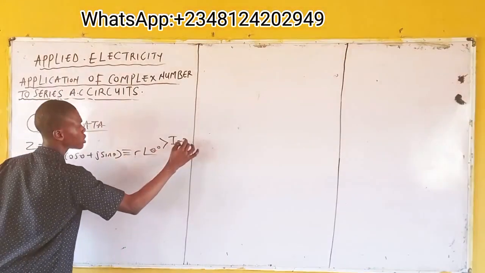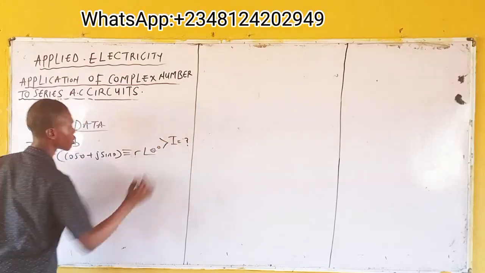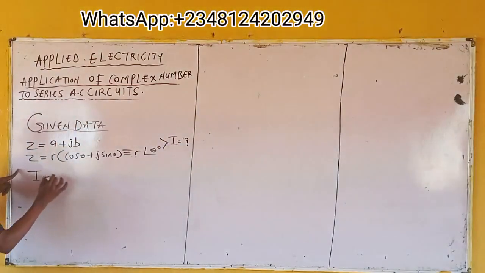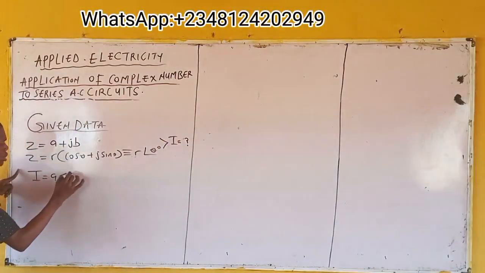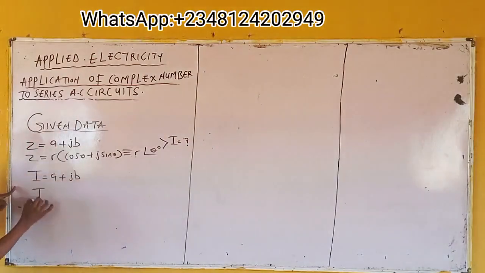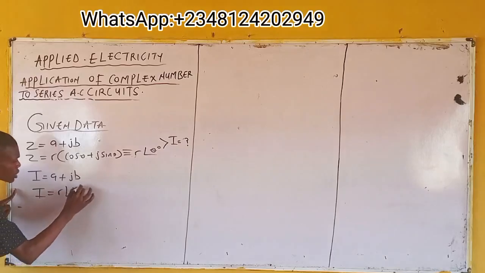Now, what are we asked to determine? Current, right? Meaning at the end, current I must be expressed in a plus jb, and similarly, this same current must be expressed in r at theta degree.